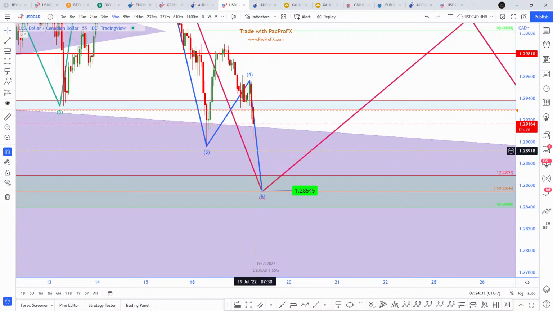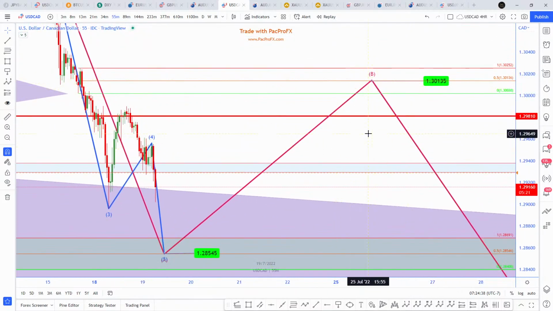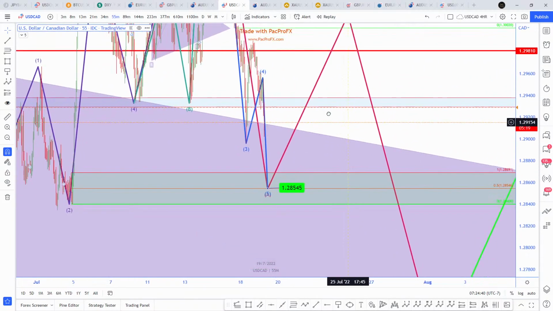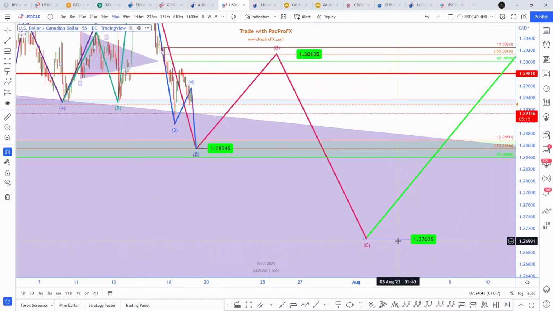Yeah, you're right, Yana. It's still on a wave A. Has a B still, and the B will be up to here. And then, yeah, the ending will be here. So that's already published.